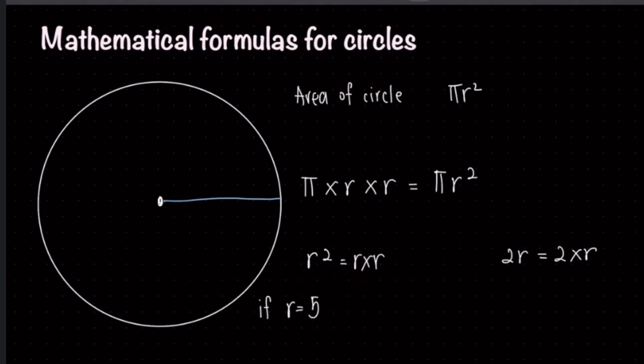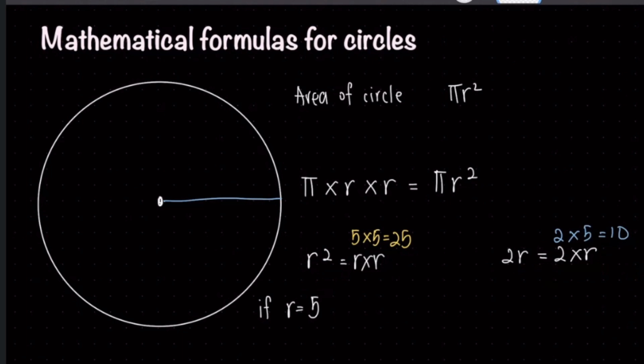So r times r is 5 times 5, which is 25. And here we have 2 times r, which is 2 times 5, which is 10. If you look at it, it is completely different. So r times r is not the same as 2 times r.